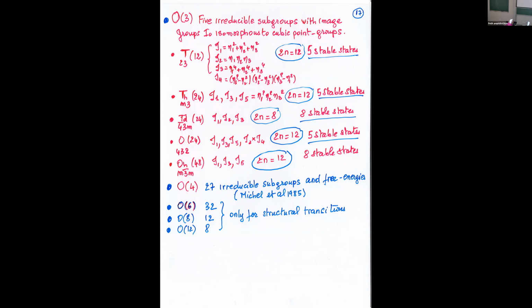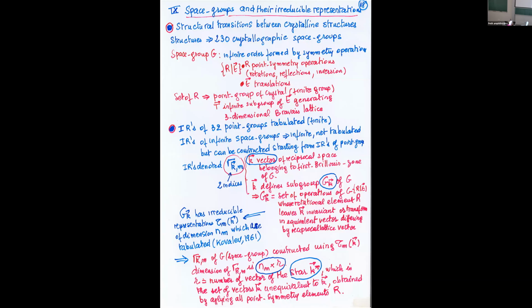Now, for O6, we have the result for structural phase transition, but it's not the full list of subgroups. So we know that we have 32 image and 3 energy, but it's only for structural transition. We might have more for magnetic transition, and this work has remained to be done. All right, that's all for this.